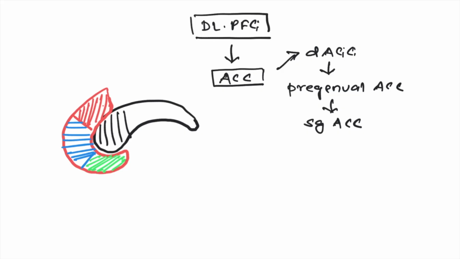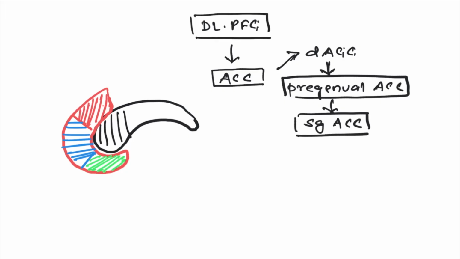So what happens is the dorsolateral prefrontal cortex puts a top-down control over the dorsal anterior cingulate cortex, which in turn sends glutaminergic projection to the pregenial anterior cingulate cortex, which in turn modulates the functioning of the subgenial anterior cingulate cortex.